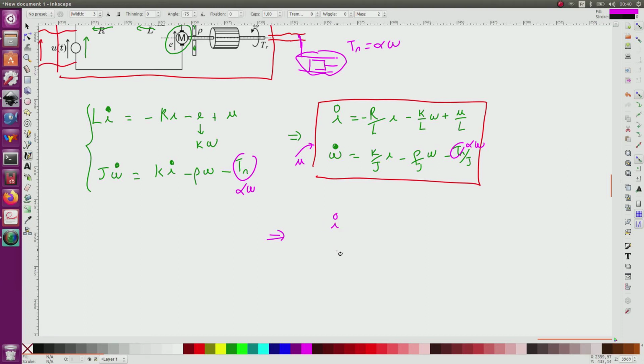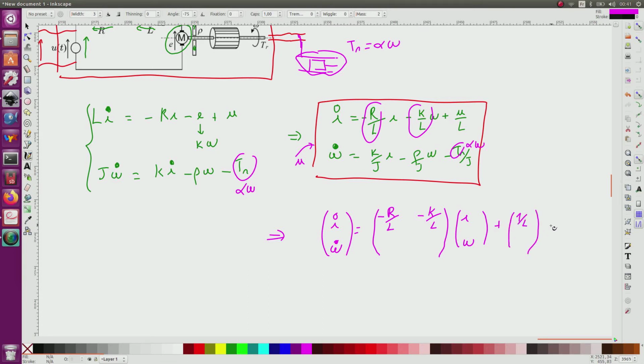I dot, omega dot is equal to, in matrix form, minus R divided by L, minus kappa divided by L, times I, omega. So I have written this and this, and plus 1 divided by L, U.